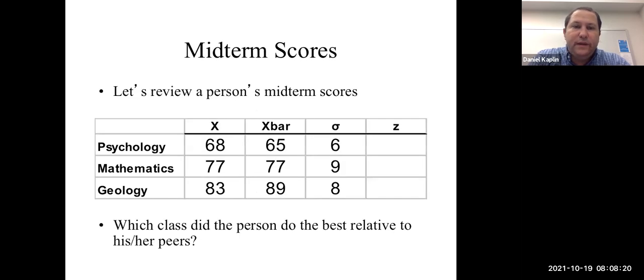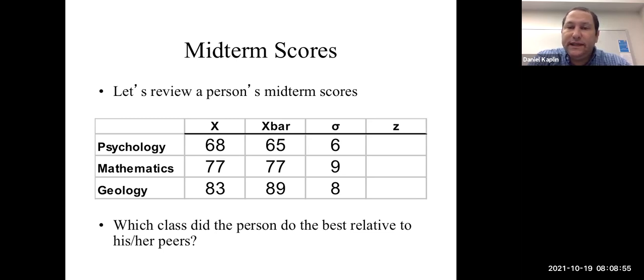All right. So let's say we had the following distribution. Let's imagine that we had an individual who had a score X, right? X reflects a score, who scored a 68 on a psychology midterm. Another person who scored a 77 on a mathematics midterm, and another person scored an 83 on a geology midterm.